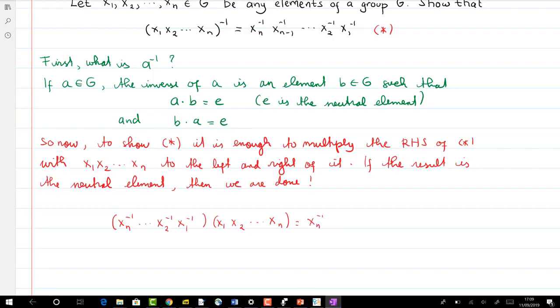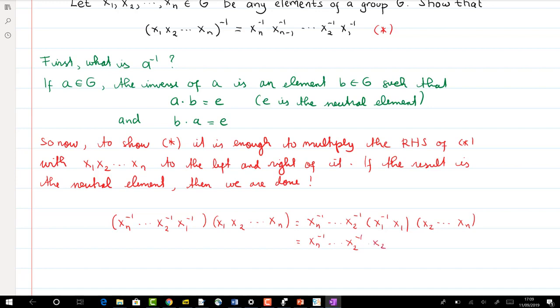And since the product is associative, then we can multiply x1 inverse and x1 first. So this is actually the generalized associative property. If you don't have that yet, you may want to try to prove it.